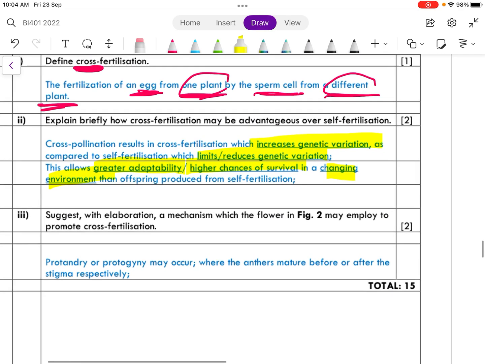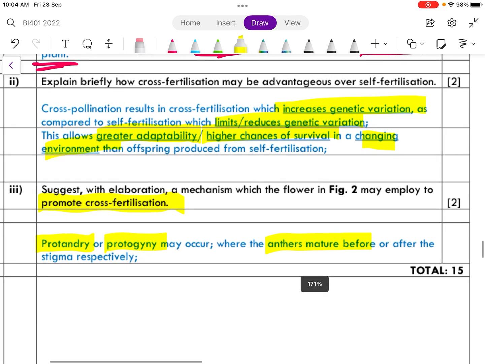3. Suggest with elaboration a mechanism which flower figure 2 may employ to promote cross-fertilization. So you could say protandry or protogyny. Protandry means that the anthers mature before the female parts do. Protogyny means that the stigmas mature first. So these are processes that can help in cross-fertilization.